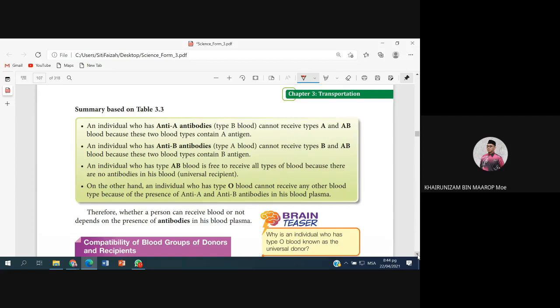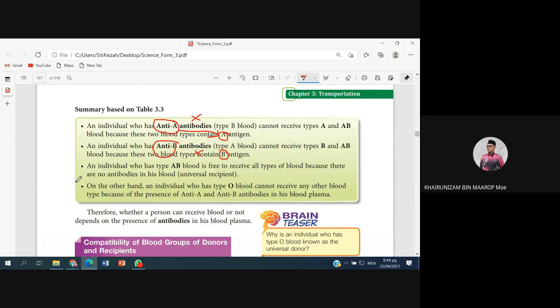Anti-A means it cannot meet A antigen. An individual who has anti-B antibodies, that's a type A blood, cannot receive B and AB. So it means anti-B cannot mix together with B antigen.